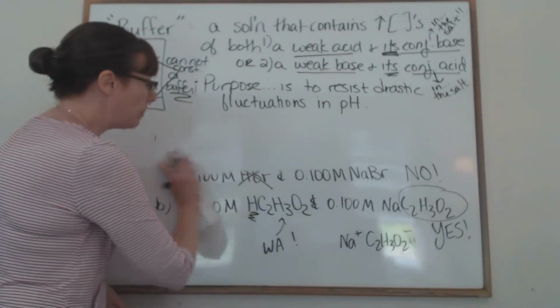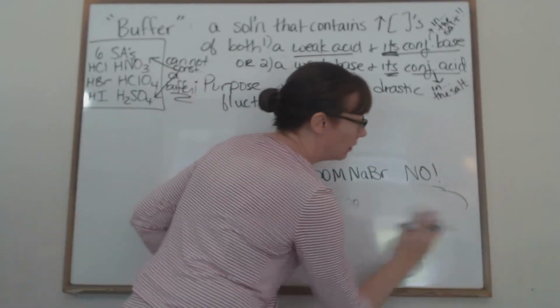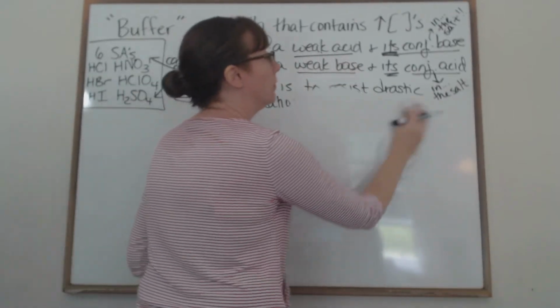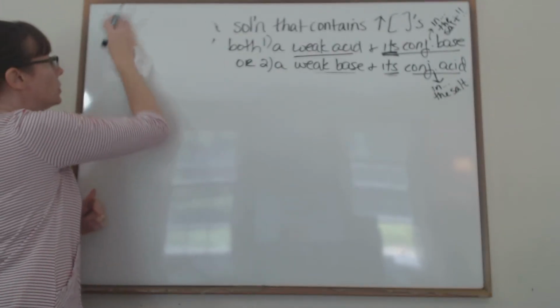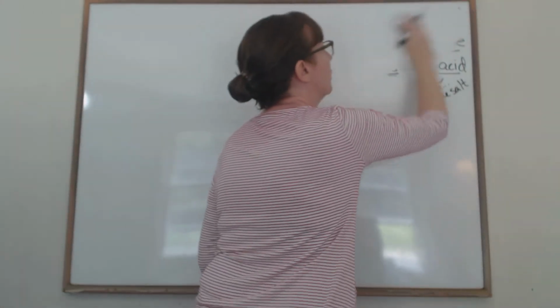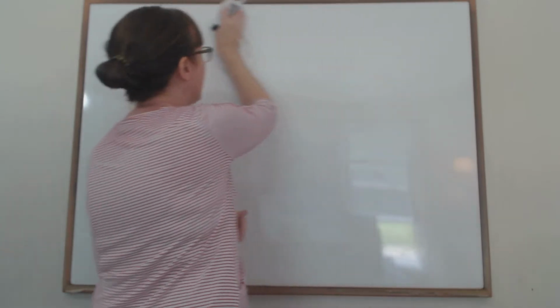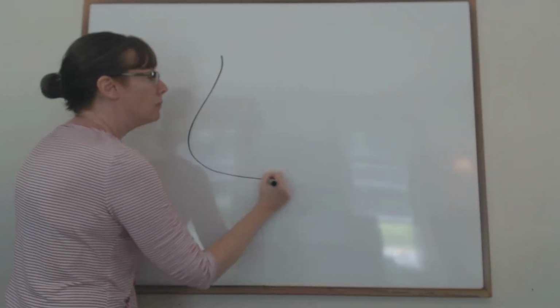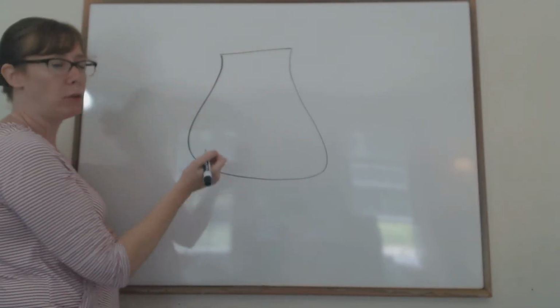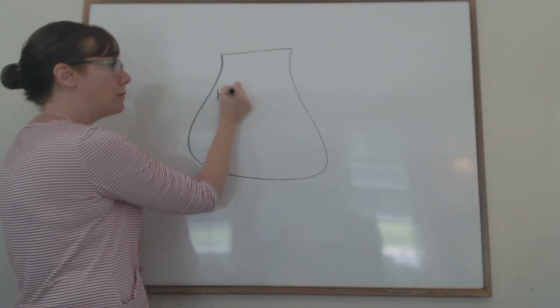Let's talk about how a buffer works. The purpose of a buffer is that it's going to resist pH change. Let's talk about what that's all about. So I'm just going to choose probably a very famous buffer, which is the hydrofluoric acid buffer.